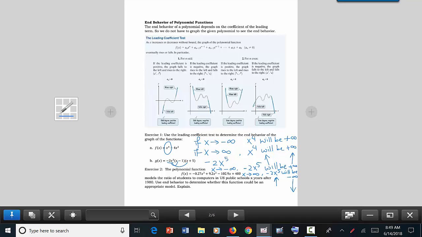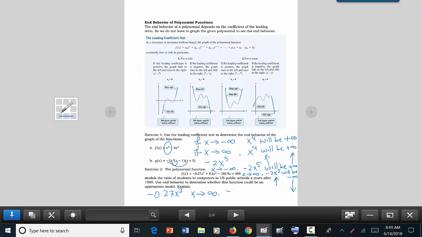Number 2. What is the leading term here? Negative 0.27x to the power 3. Now here, the number of students is increasing. So if x is a very big number, infinity, then positive times negative is negative.